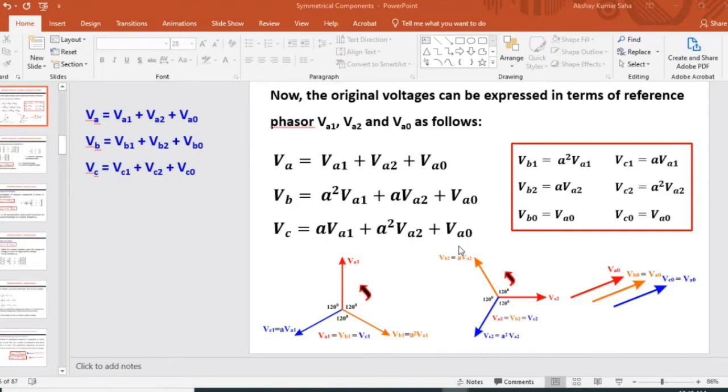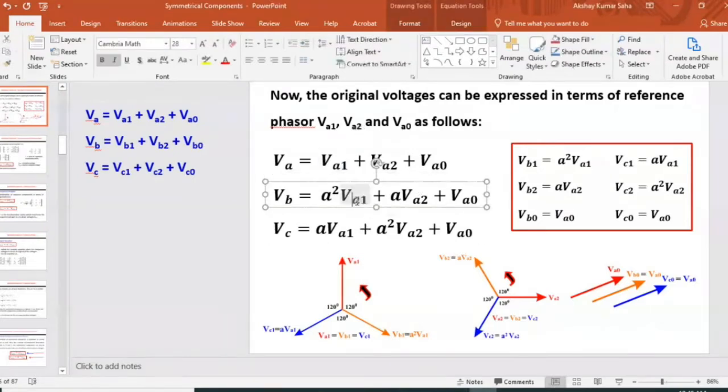The respective components are now expressed in terms of the reference voltage of phase A. So all of them have VA1, no VB1, no VC1, no VB2, no VC2, no VB0, no VC0. All of them have either VA1, VA2, or VA0. Is that clear to everyone? Yes, sir. Great. Let's go to the next step.